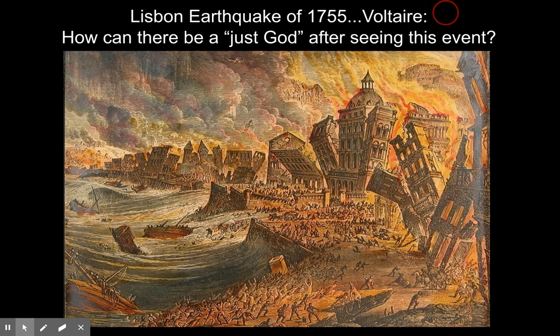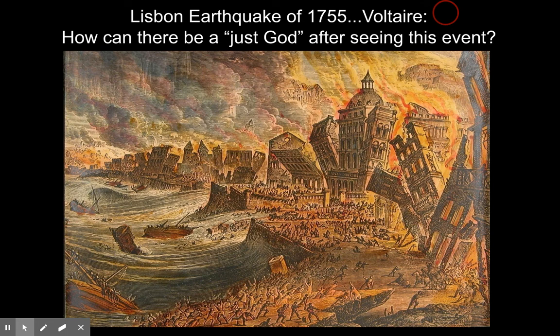There was one of Voltaire's ironies that he saw, an event that happened in the middle of the 1700s in Portugal. The capital is Lisbon, and there was an earthquake in 1755. And this is one of his arguments to try to say, how could there be a God?